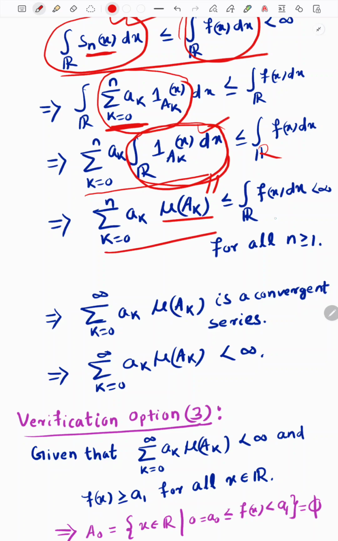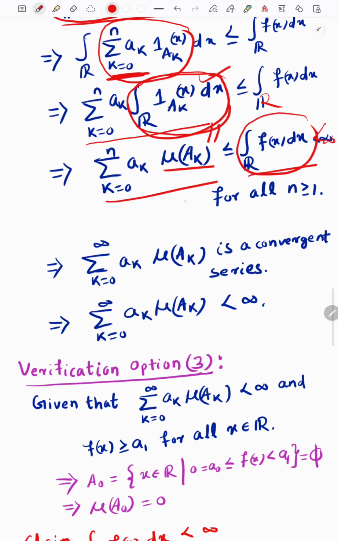So it gives this value, and this value is bounded by this, and we know that since f is Lebesgue integrable, this quantity is finite, and this relation is true for all n. So we established that the partial sum value is bounded by a quantity which is independent of n. And if you take this sum as a partial sum g_n, suppose, because we have already used s_n, so we cannot take s_n here, so we are taking g_n.